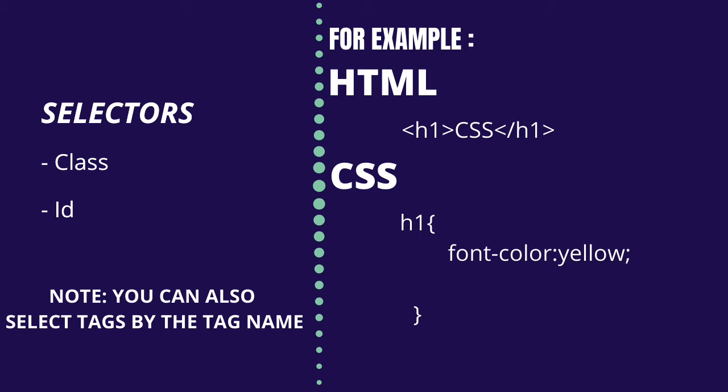Inside the squiggly bracket, we have the text, font color, then a colon, then yellow, then a semicolon. The font color aspect is called the property, while the yellow is the value, and the semicolon serves as a full stop to that line of code.